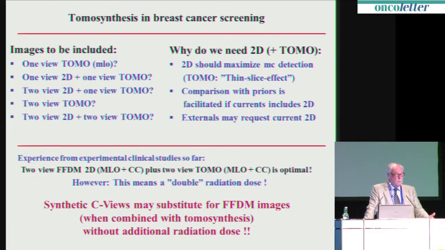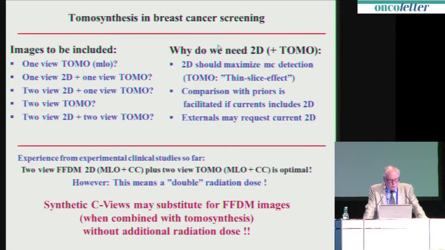And it is so important that you always compare right with left, for any asymmetric density and so on. We had it in our workshop this morning. And it might be that your examinations are requested from other hospitals that do not have tomosynthesis. Overall, in summary, there are many reasons that we really need projection 2D images.